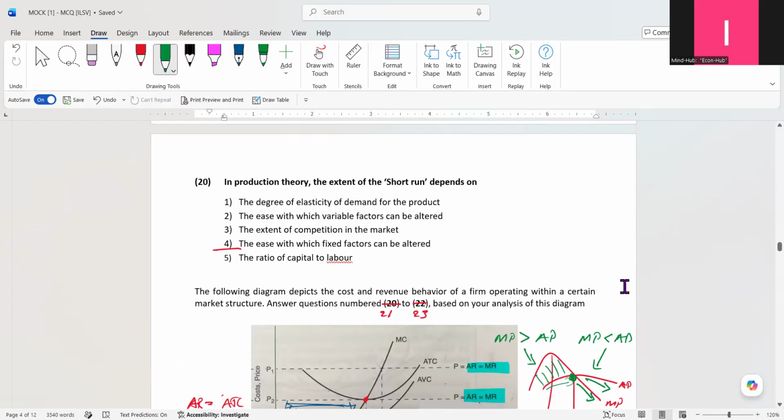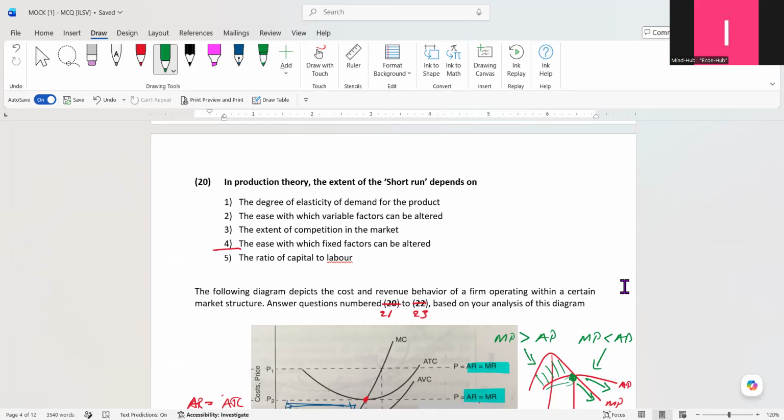Question 20. In production theory, the extent of the short run depends on what? Whether we are in the short run or the long run is not a factor of time. It's not based on calendar time period, not months or years.